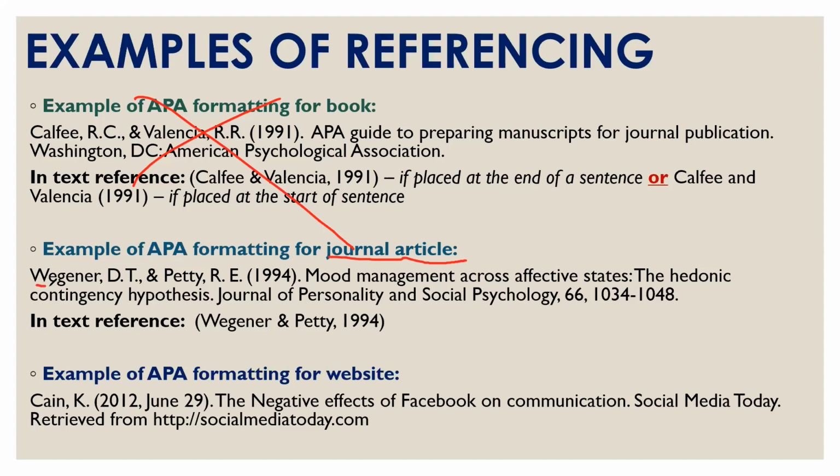We've got the names of the people who did it, the year that it was published, 1994, the title of the paper, and the journal or the publisher, which is the Journal of Personality and Social Psychology. 66 is probably the edition number, and this is the page numbers, 1034 to 1048. This will automatically generate for you if you use an online website like Google Scholar.